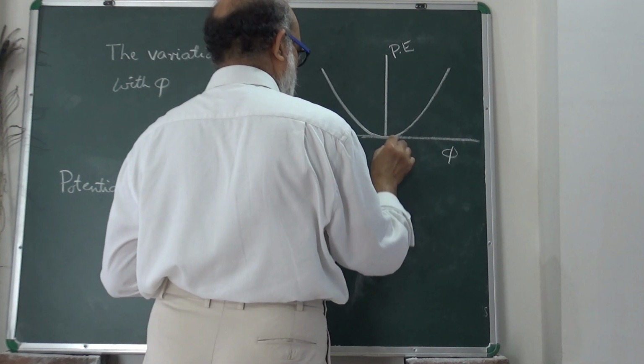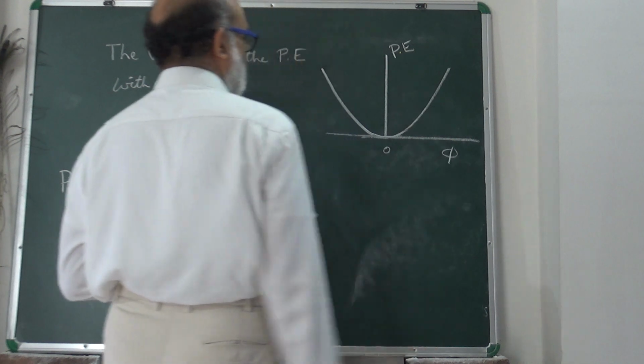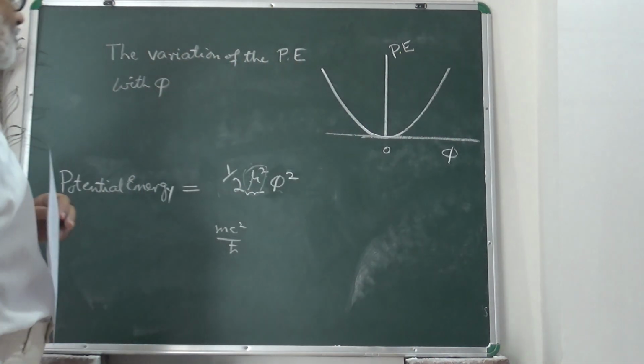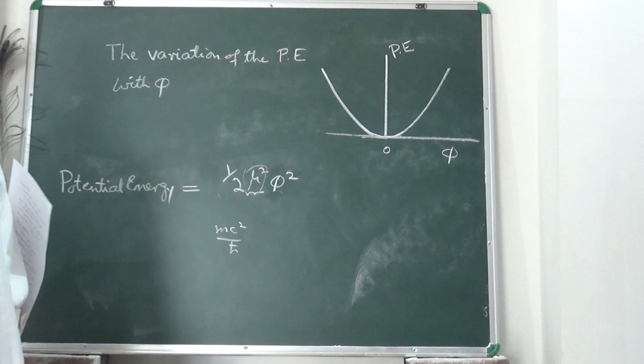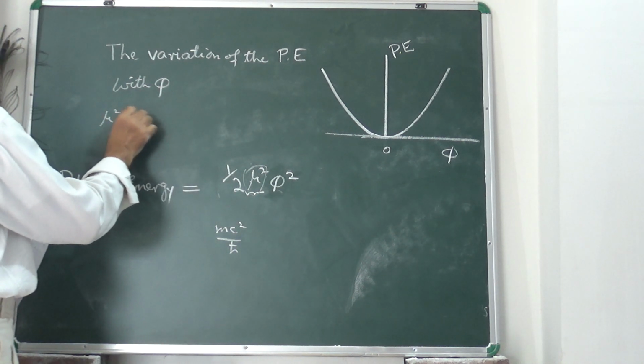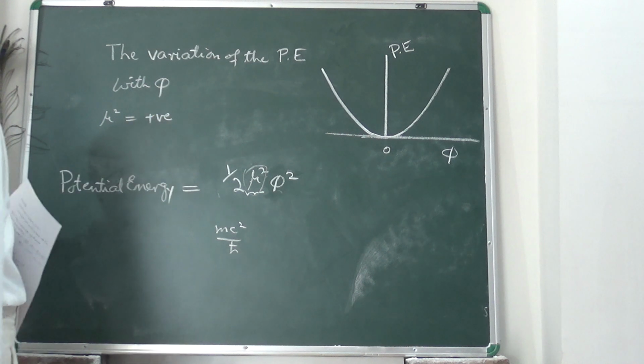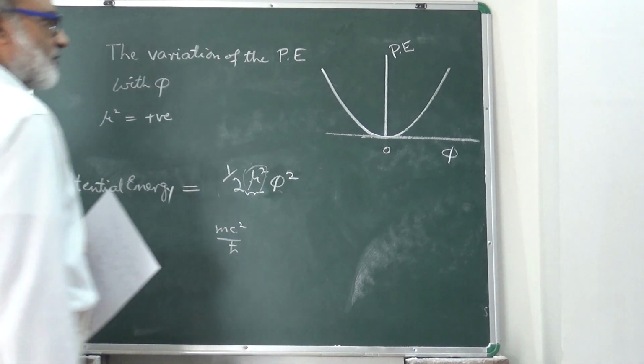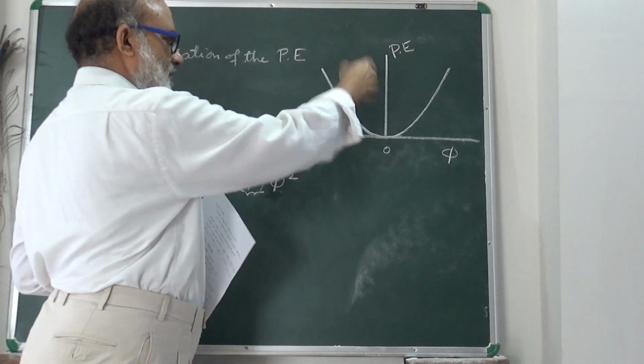Phi is here 0, it varies through plus and minus values, and since we have taken mu square as positive, the variation of the potential energy with the field will be parabolic like this.